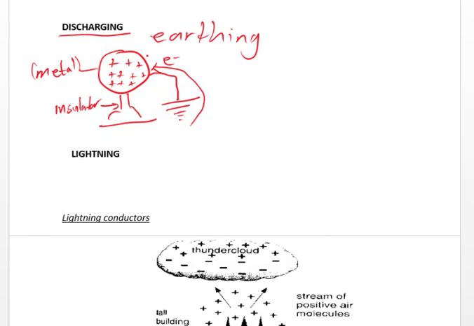Another way of discharging is the one that we discussed earlier, rubbing.